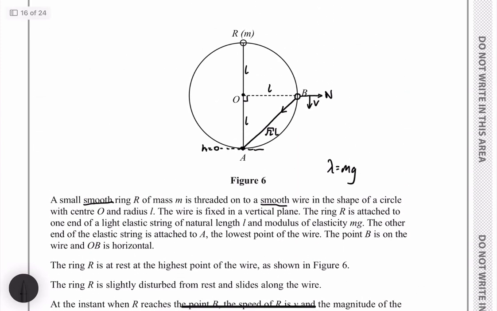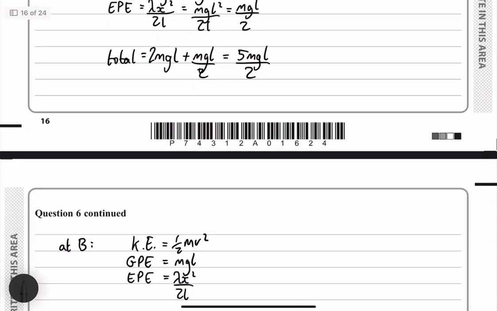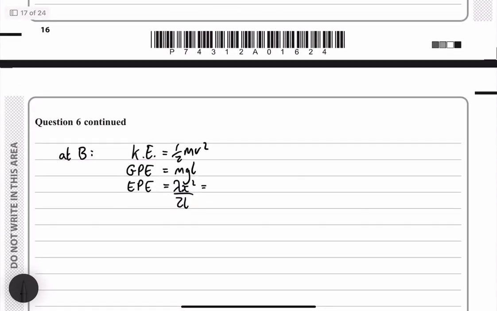So here we've got root 2 L as the distance, but that means the extension is root 2 L minus the natural length L. So we've got root 2 minus 1 lots of L. So put that down here. Lambda mg again. Root 2 minus 1 L, all of that squared over 2L.